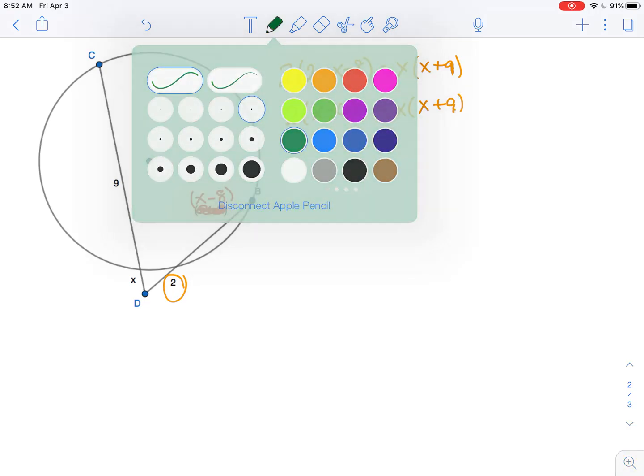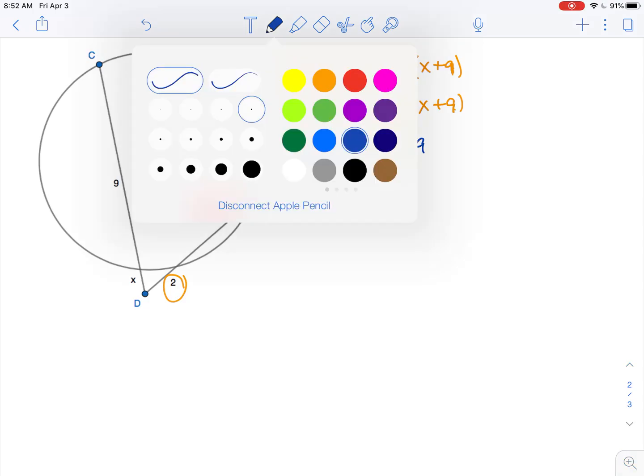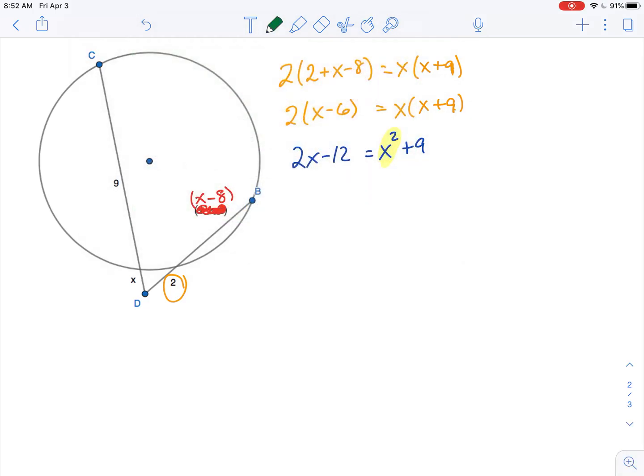So if I simplify 2 times x minus 6 equals x times x plus 9, and let's distribute to both parts. So 2x minus 12 equals x squared plus 9.